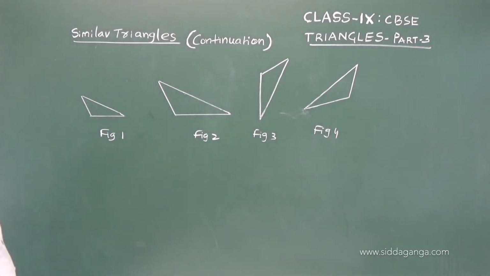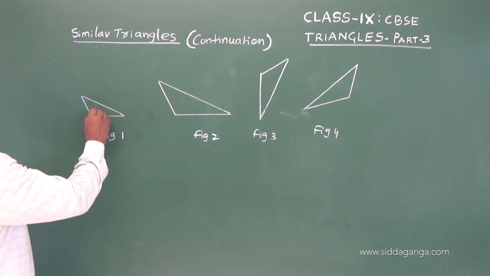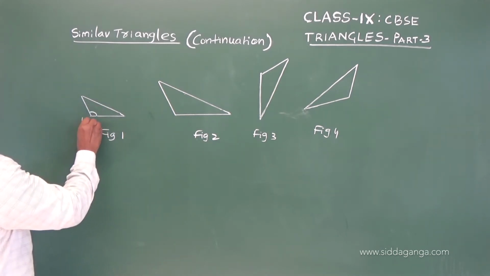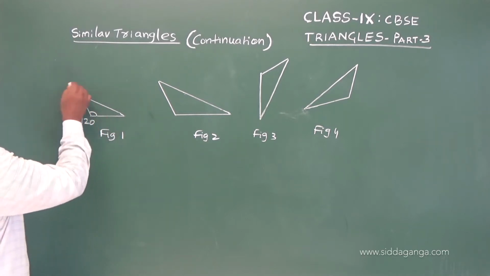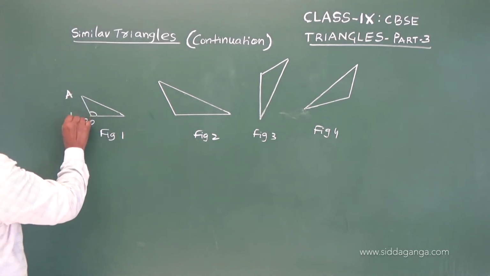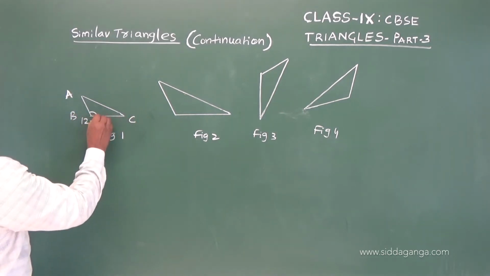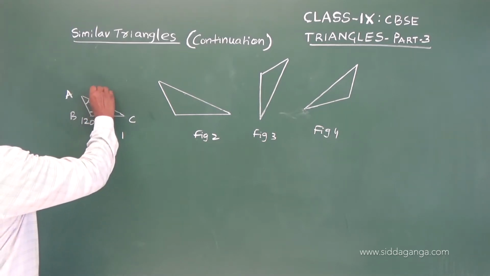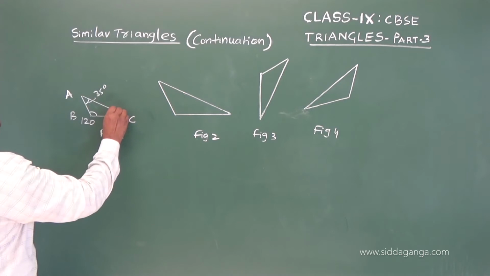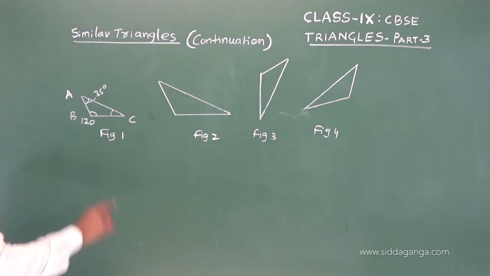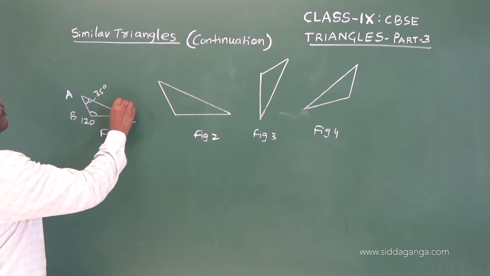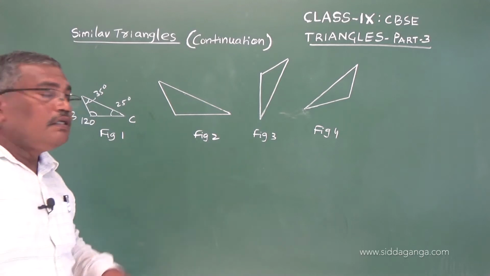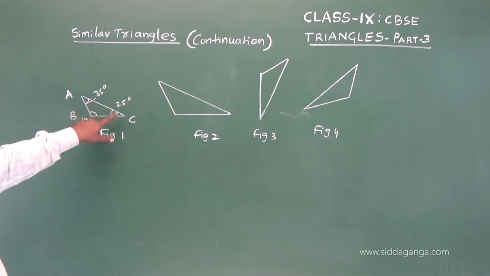So now, say this angle is 120 degrees. I will call this A, B, C, and this is say 35 degrees, and this is 25 degrees. Total must be equal to 180 degrees. 35 plus 25 is 60, 60 plus 120 becomes 180.